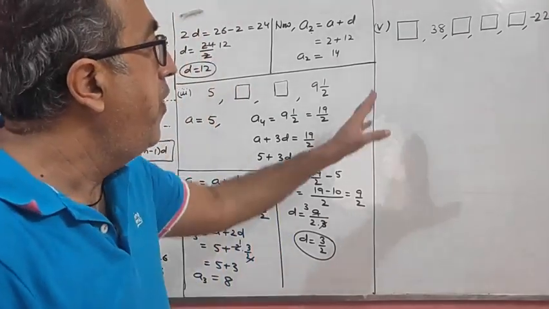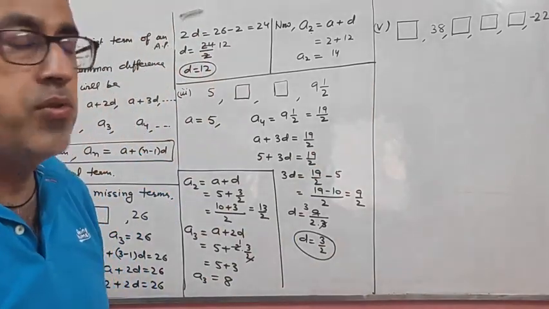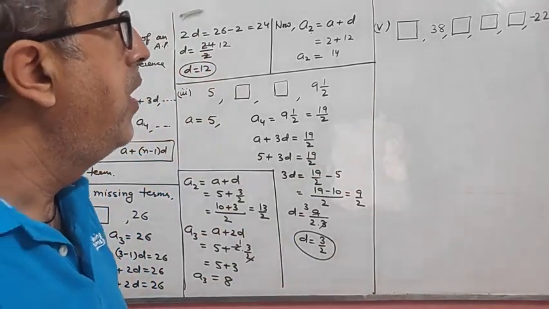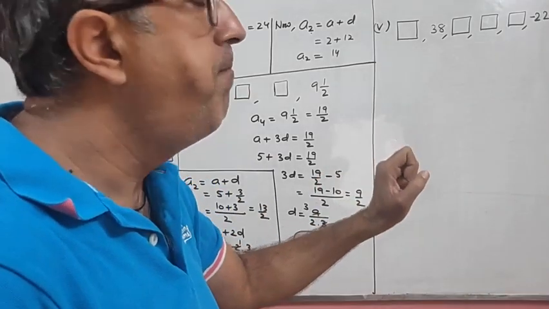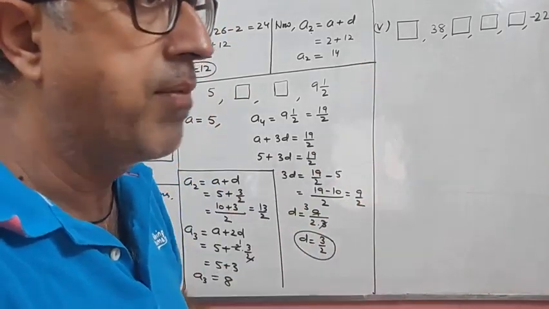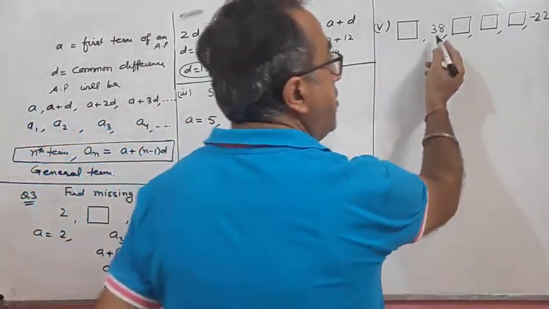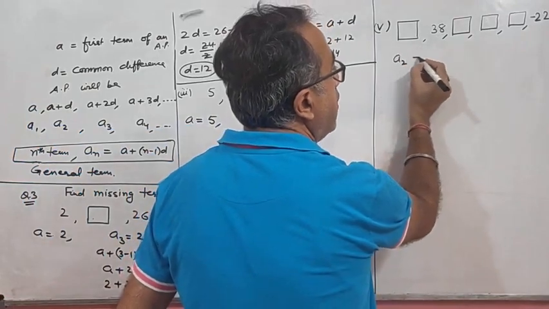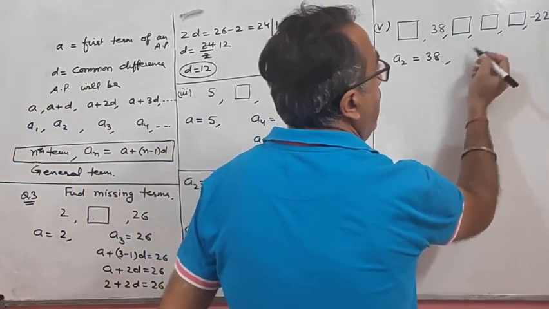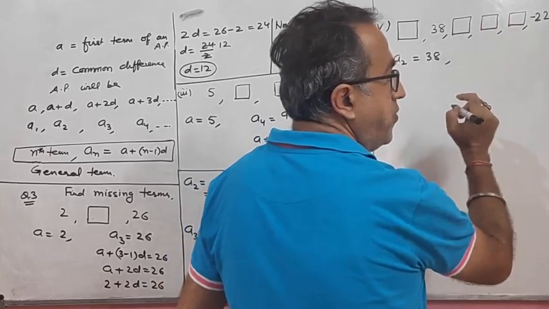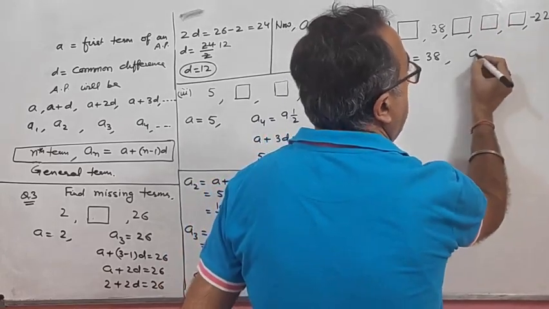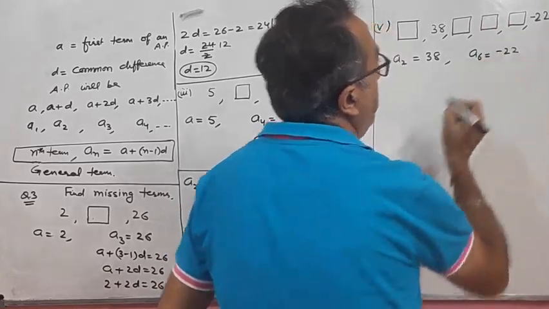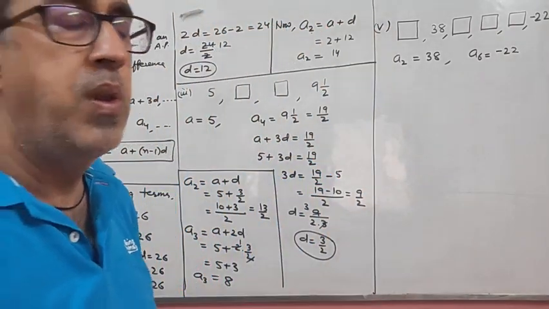Now, the fifth part of question number 3. Again, 2 terms are given and 4 terms are missing. The second term is given as 38, and the third, fourth, and fifth terms are missing. The sixth term is minus 22.